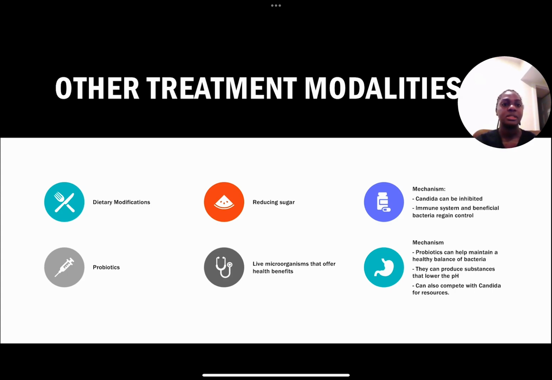Probiotics such as Lactobacillus strains can help maintain a healthy balance of bacteria in the gut and vaginal flora, which may inhibit the growth of Candida. They can produce substances that lower the pH, making the environment less conducive to yeast overgrowth, and they can also compete with Candida for food resources.